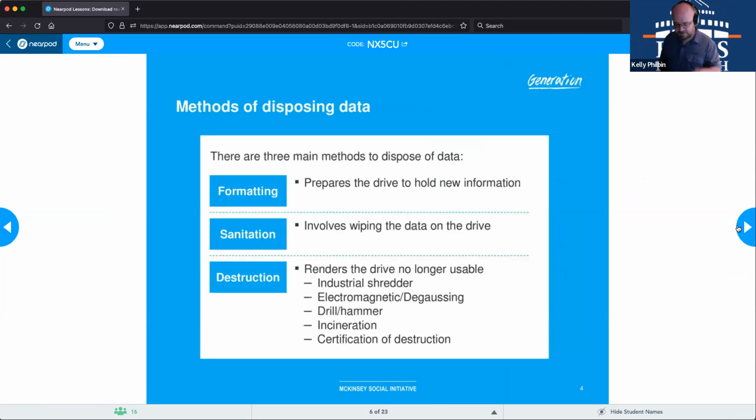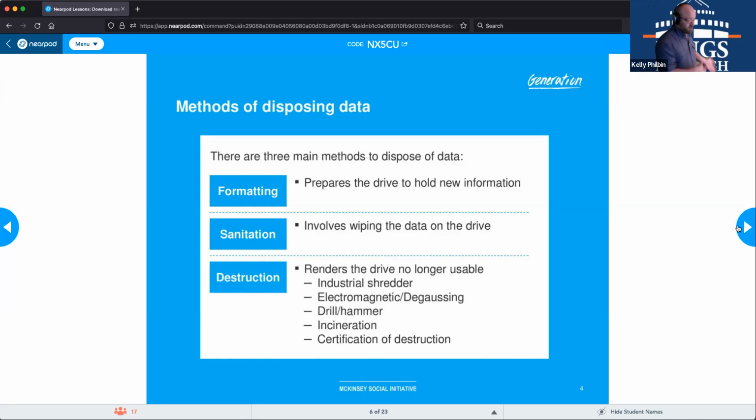So there's three main methods to dispose of data. The first one is formatting. And as we learned before, formatting doesn't necessarily erase the data, correct? It just erases the map that puts that data together. So with data forensics and stuff like that, this data can be reconstructed.